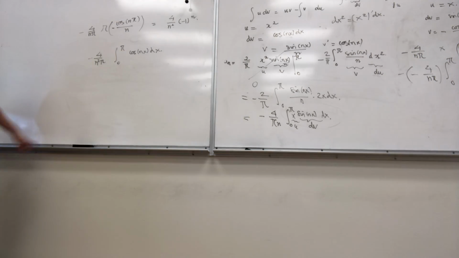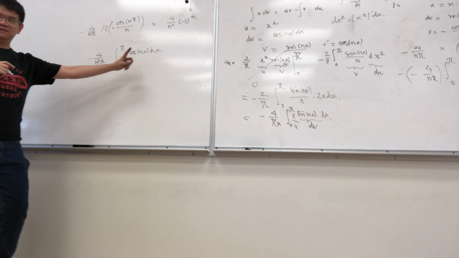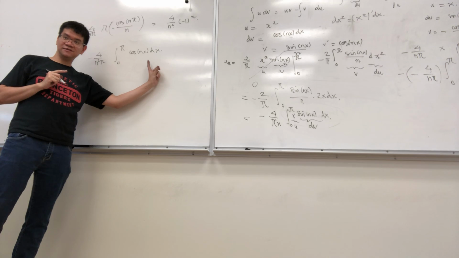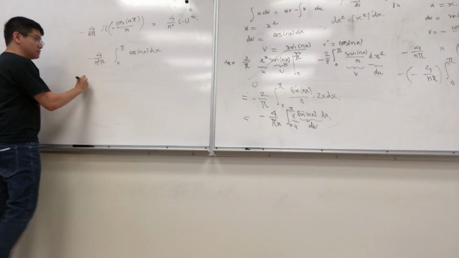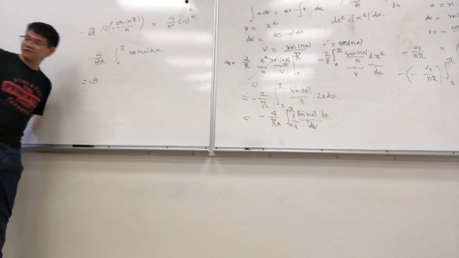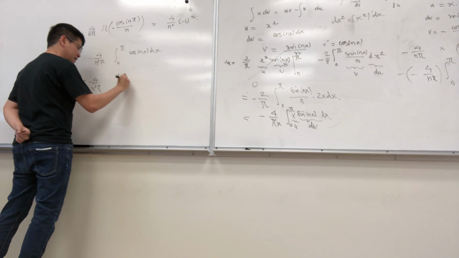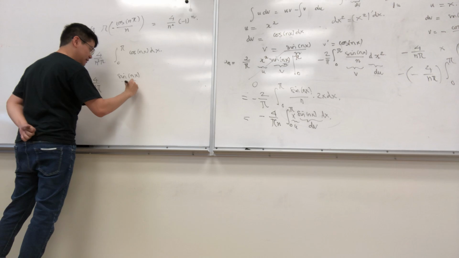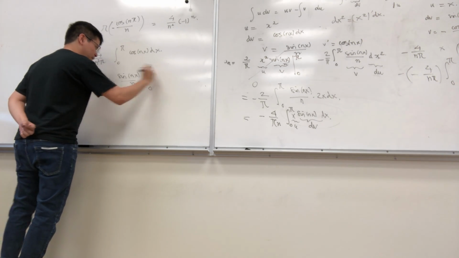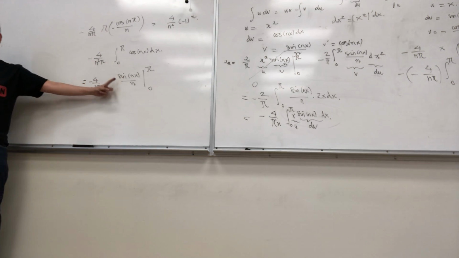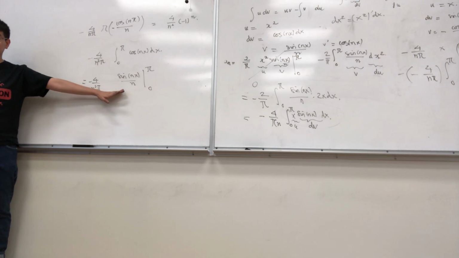Yes. So this is going to be 0 because the anti-derivative of this guy is sine, and sine is 0 on both sides. Minus 4 over n squared pi and here you have sine nx divided by n, evaluated between 0 and pi. So sine n pi is 0, sine 0 is 0. So this is going to be 0.